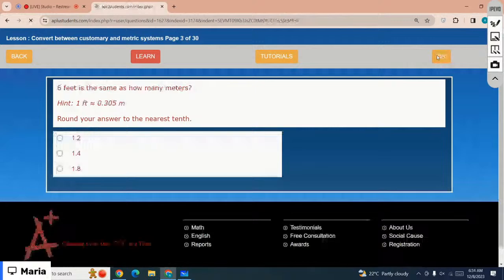Okay, the next one is 6 feet is the same as how many meters?